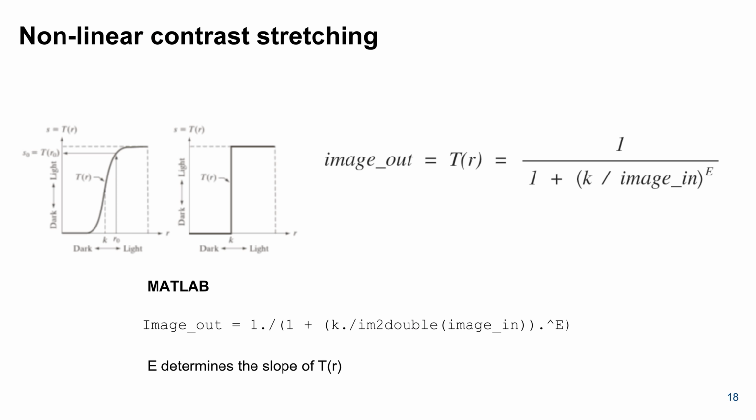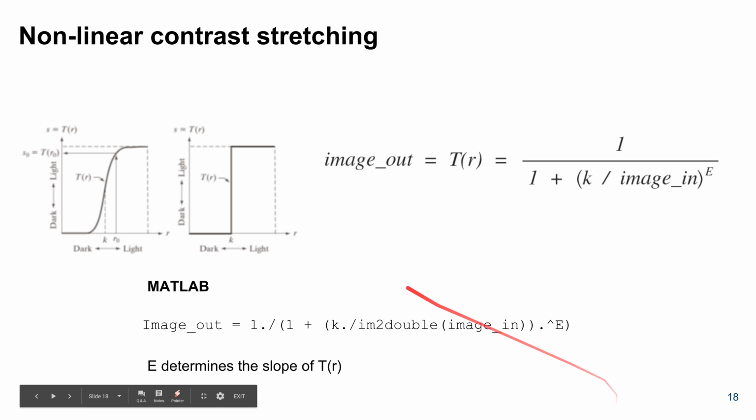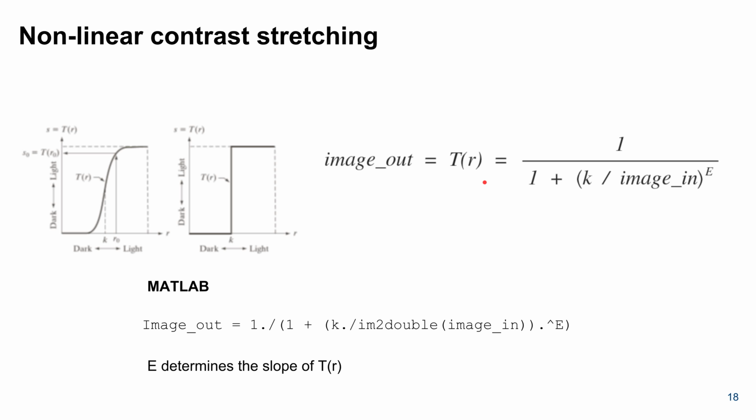Another type of contrast stretching we can do is non-linear, and this is an example. I'm going to ask you to do this in the assignment this week. So our output image is the transform function performing on the input pixel value, in this case R, and this is the function: 1 over 1 plus k divided by the input image, to the power e.